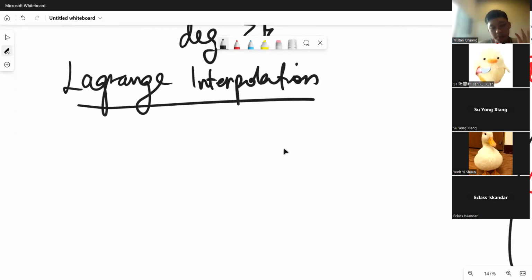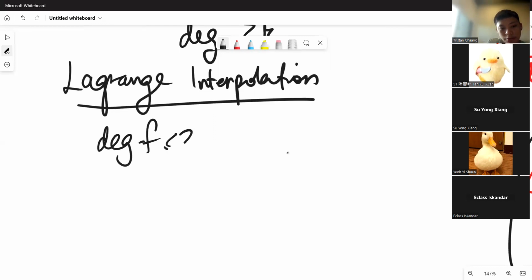So Lagrange interpolation is basically a procedure to construct a polynomial that passes through certain points, right? So let's say we want a polynomial f with degree at most 2, for example.